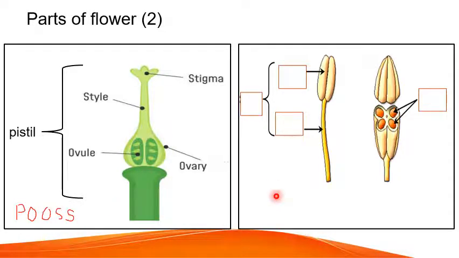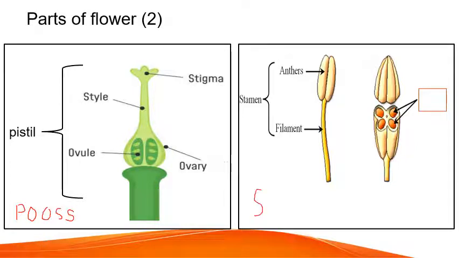Now, let's look at the stamen. Stamen has two parts. Only two parts. If you look at the textbook, it says 3. But actually one of the parts is not really a part of the stamen. It's what the stamen makes. So the stamen has anthers and filament. So only two parts of the stamen.